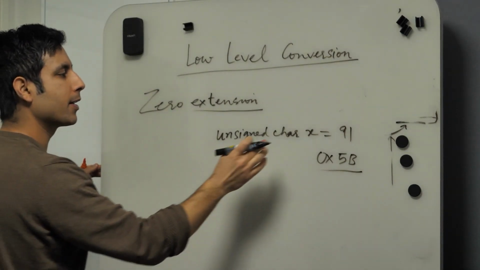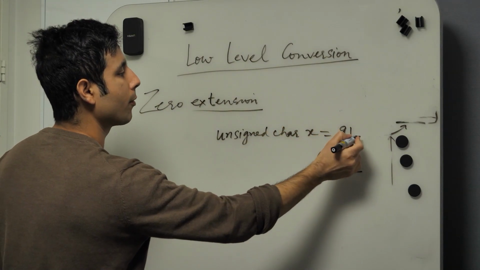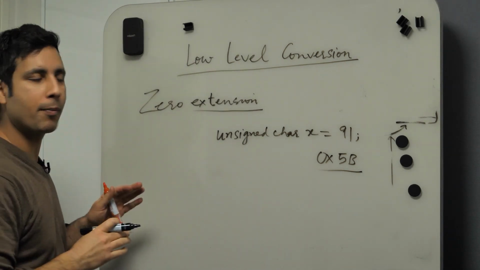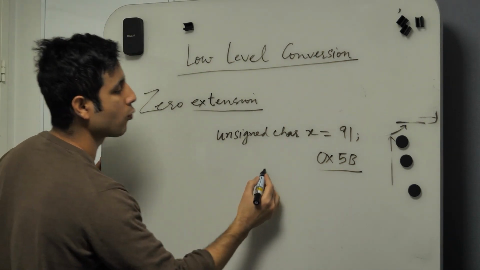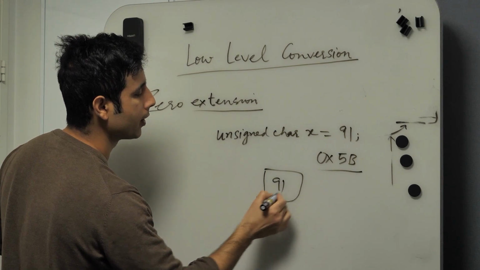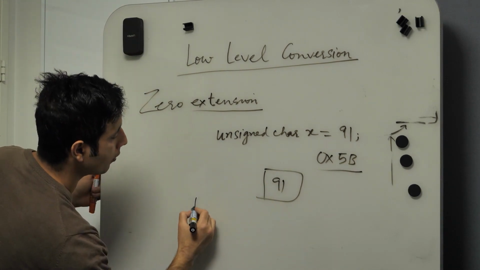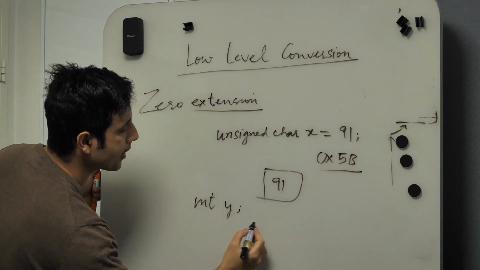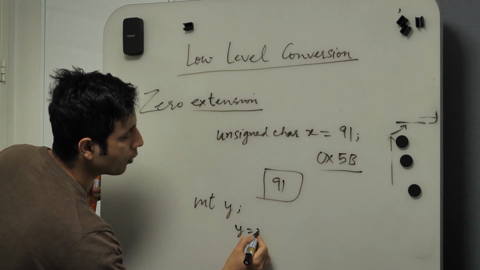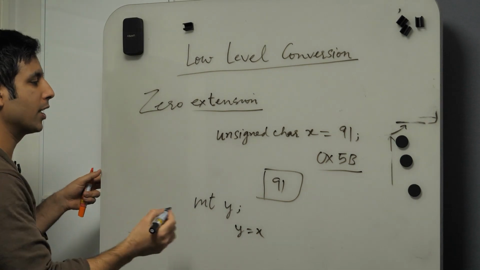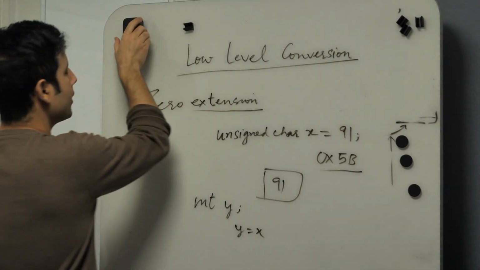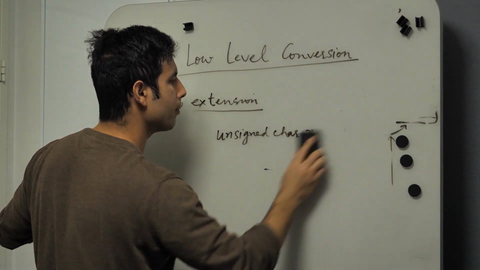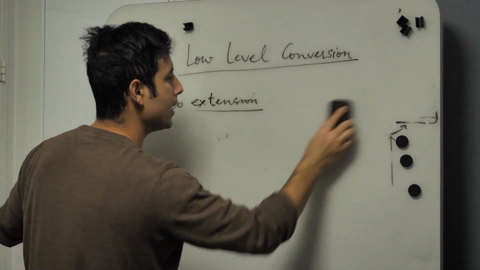So if you have a smaller data type x and you are putting 91 in it, then in typical C implementations, this will take just 1 byte in memory. But if you put it in a variable which is an integer, say 4 bytes, and you do y equals x, what essentially happens is that this value 91 is converted into an integer.